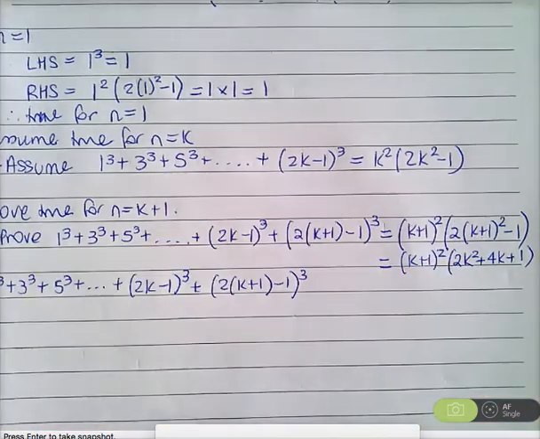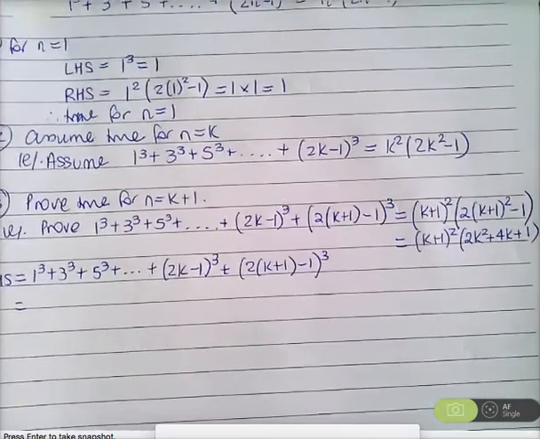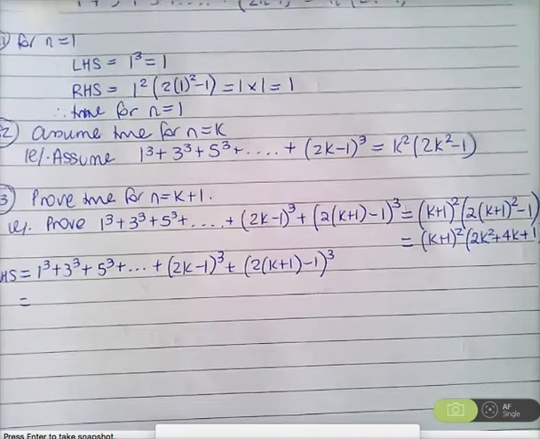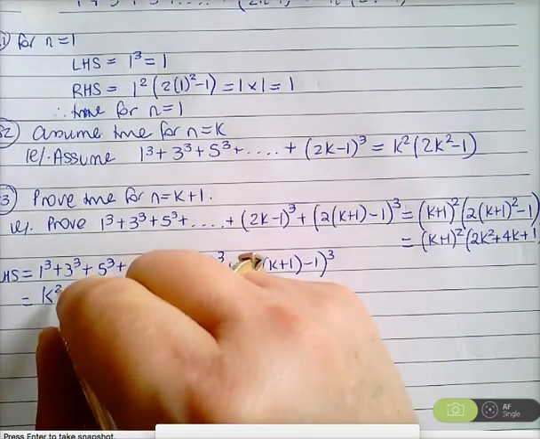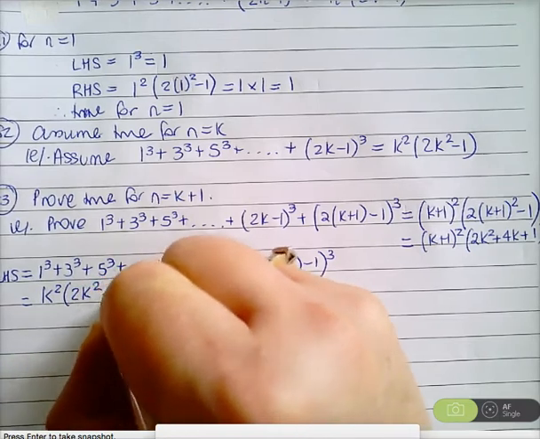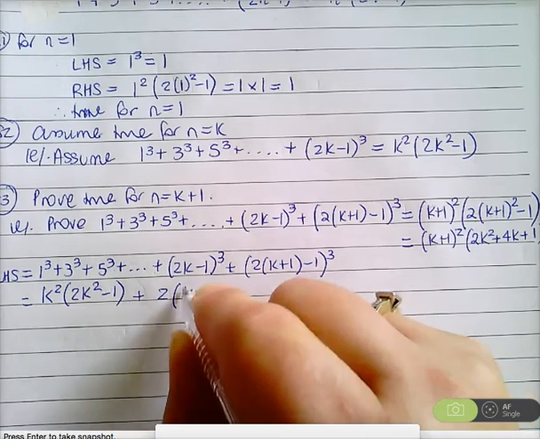All right, what are we going to do? So we start with our left-hand side. Sub in the assumption. Good. We sub in our assumption, plus the next term. So we get that it equals k squared bracket 2k squared minus 1 plus this other bit. And I'm going to let you have a fiddle now, girls.